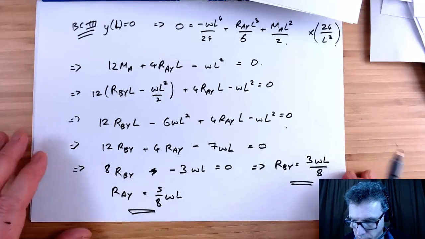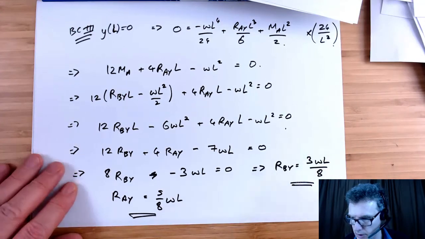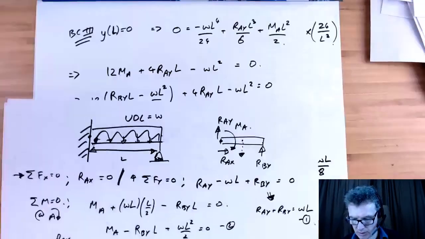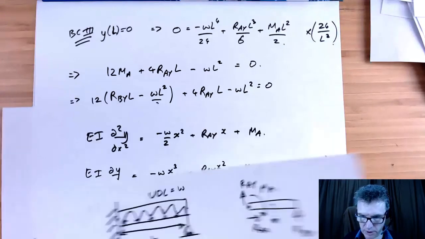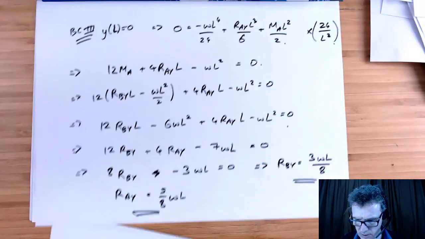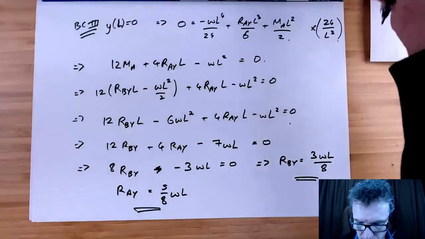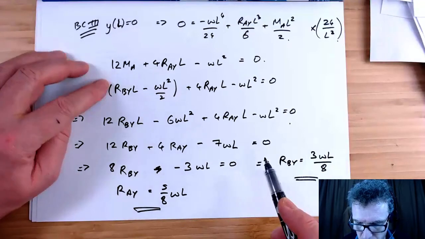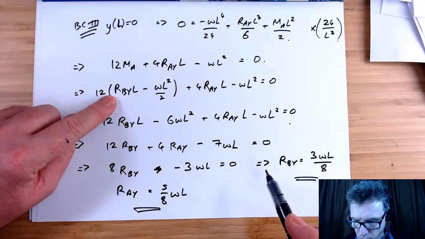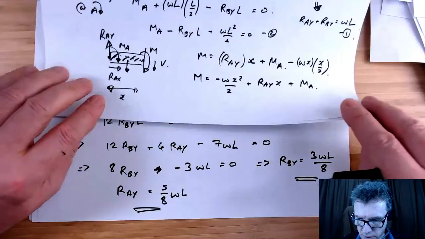Now let's find an equation to find the MA. What's the easiest one to use here? Could go there. Anything easier? This thing here, I think. No, I think equation 2 looks easier.